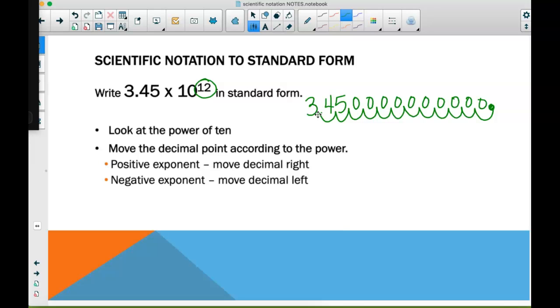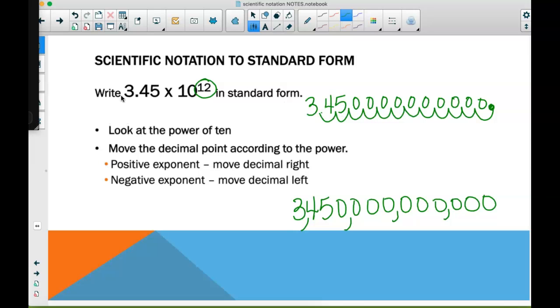So my final answer would be 3, 4, 5 with 10 zeros. Which would be 3,045,450 billion. Okay, you don't have to know how to say the number, you just have to know how to write the number.